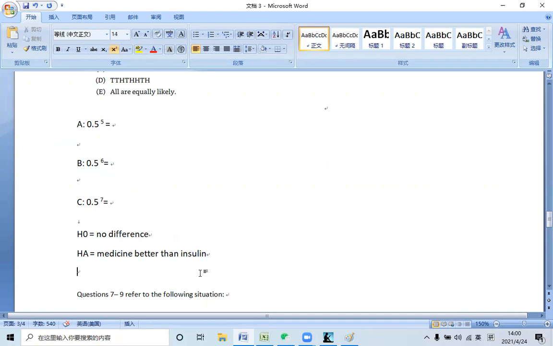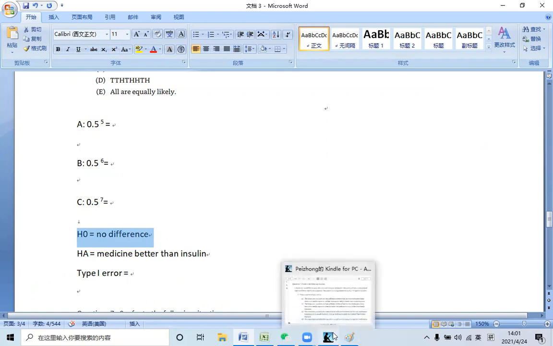And type 1 error. What is type 1 error? Type 1 error is that you reject the no hypothesis. You reject the no difference hypothesis when the no hypothesis is true. That is a mistake.